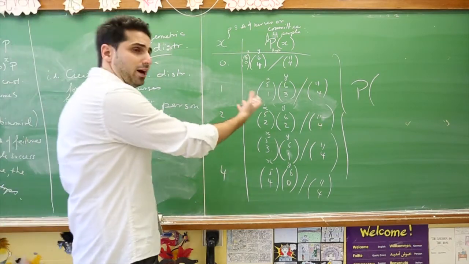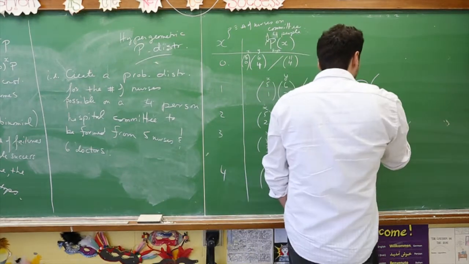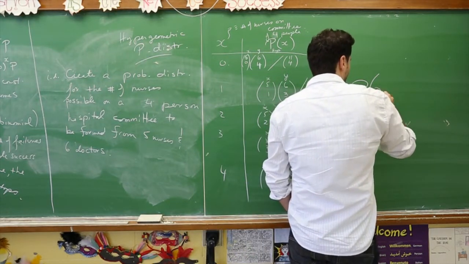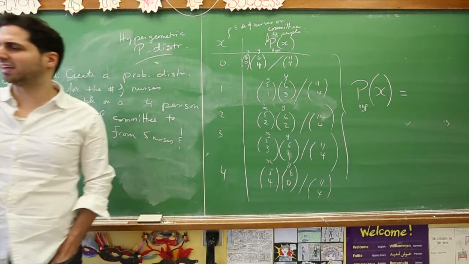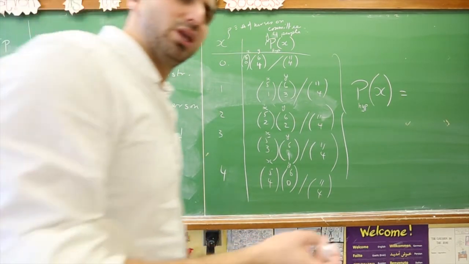How do we develop this pattern? So from there, for the hypergeometric, we can develop an equation, and there are different ways that we can do it. I guess ultimately to be consistent with the textbook, we should probably use the same notation they use.